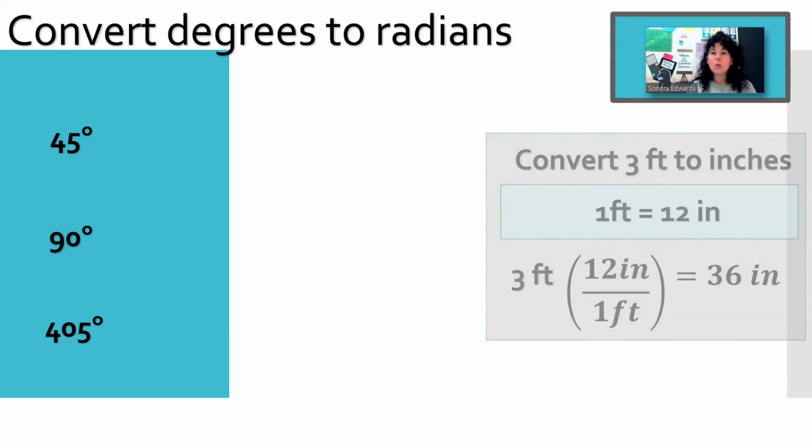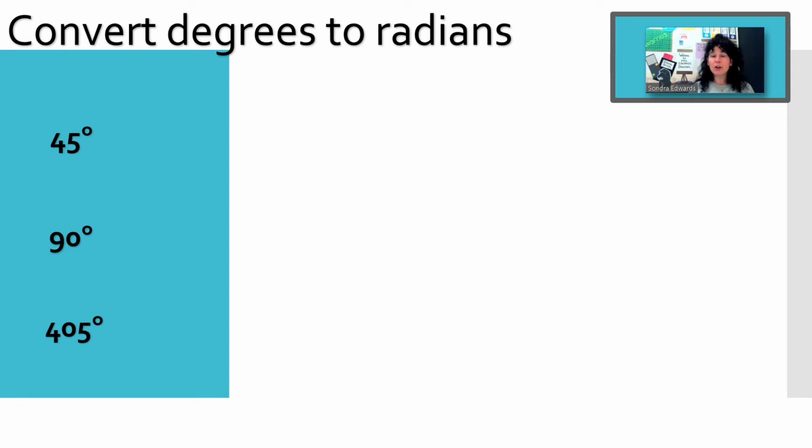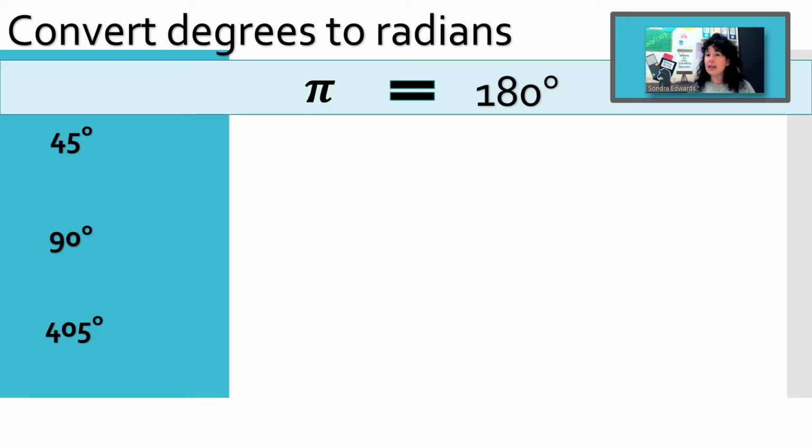We're going to do the same thing with converting from degrees to radians. You want to think of a couple of measurements, one in degrees and one in radians, that are equal to each other. So hopefully you're thinking pi is equal to 180 degrees. To make this conversion, we just need to multiply by a fraction with pi and 180 degrees.